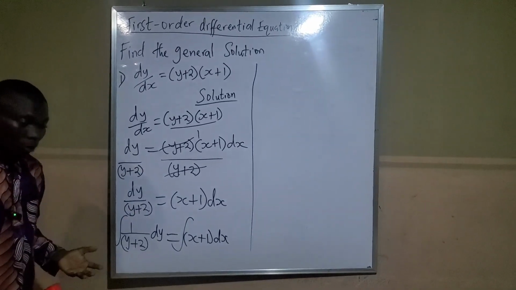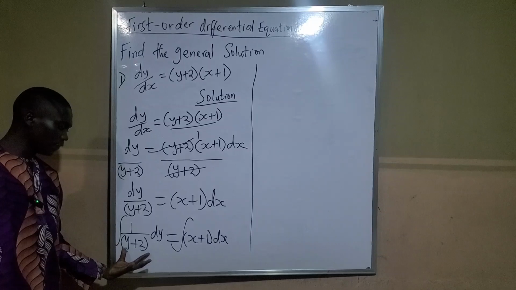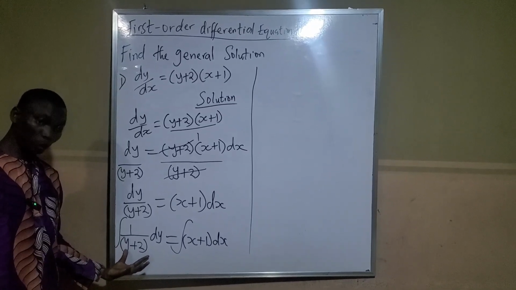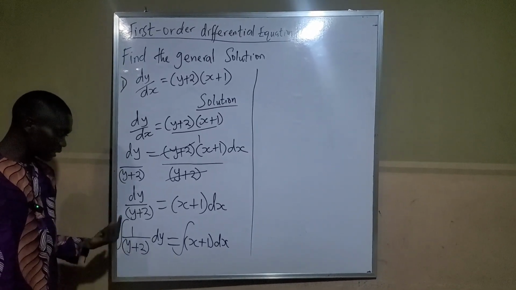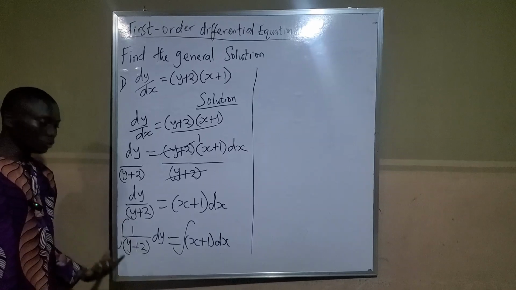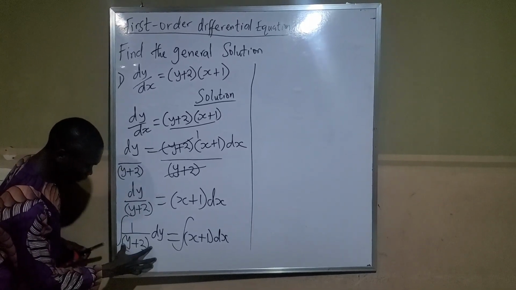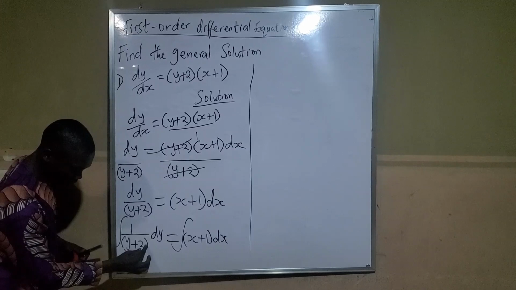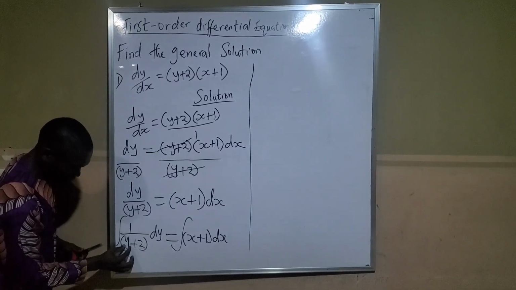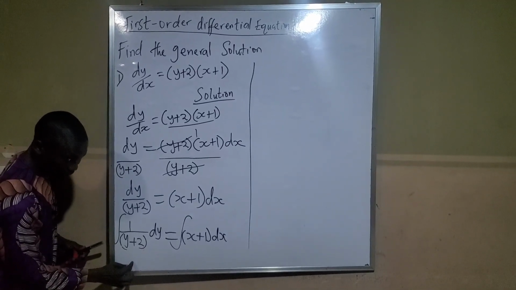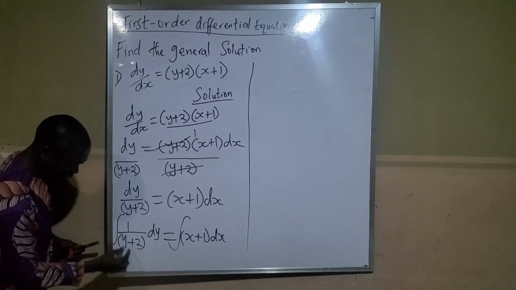Whenever you are using substitution method, if you notice that if you differentiate your denominator, it will give you the same value as the numerator, then you take the ln of the denominator. For example, if you differentiate this denominator, this 2 will change to 0, right? And if you differentiate y, it will be 1, right?